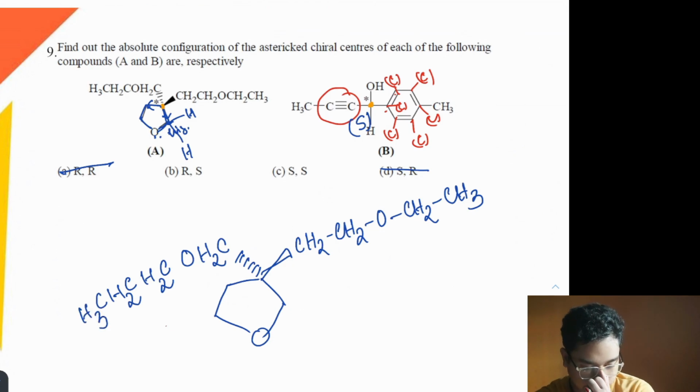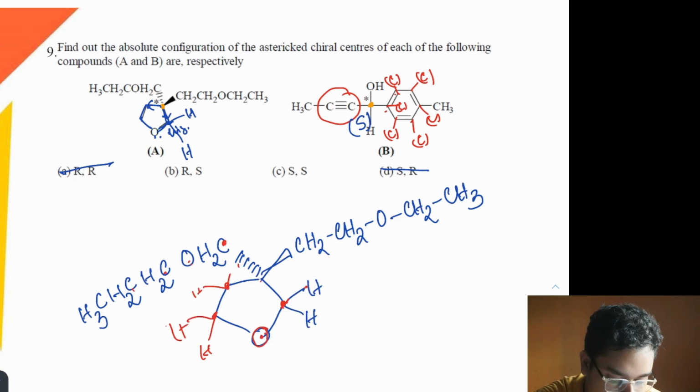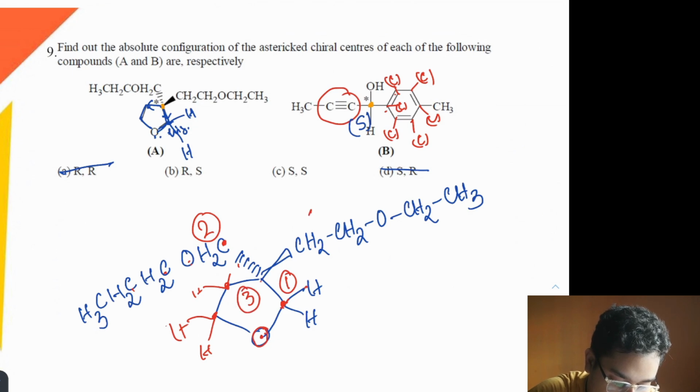Okay, so now we have to determine this particular compound. Now we have to determine the priority order between these two. If we put this as 1, this will be 2, this will be 3, this will be 4.